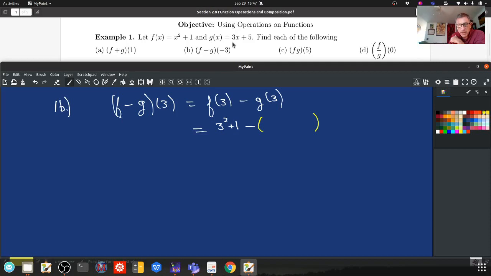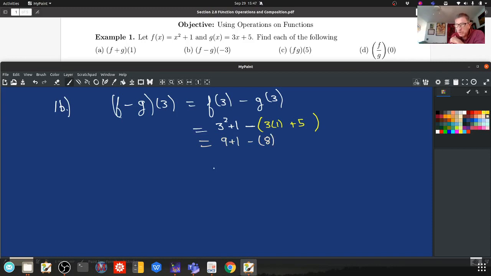And then you evaluate 3 times 3 plus 5. And now it's really just a piece of cake. 3 squared plus 1 is 9 plus 1. Minus in parentheses, 3 times 3 plus 5 is 8.